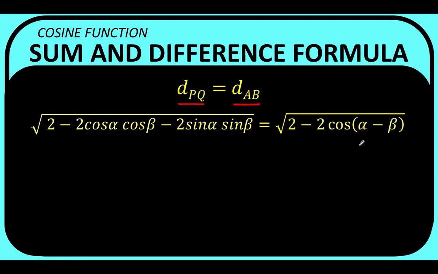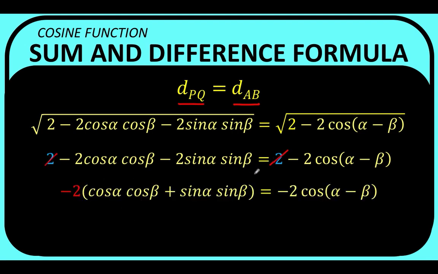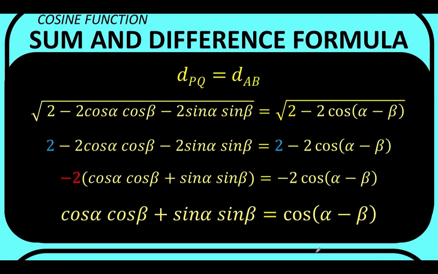Now we square both sides to eliminate the radical symbol, and we notice that you have here 2 and another 2 which we can cancel out. And so we now arrive at this last line. We can also factor out this common factor of 2, and dividing both sides by -2, we arrive at cosine alpha cosine beta plus sine alpha sine beta is equal to cosine (alpha minus beta), which is now our difference identity for the cosine function.